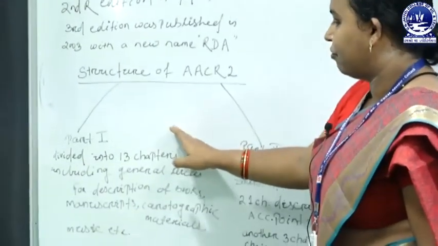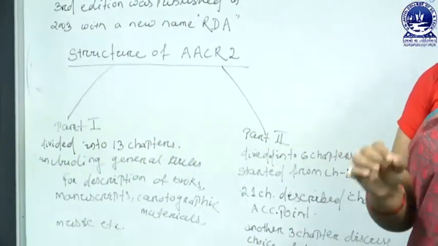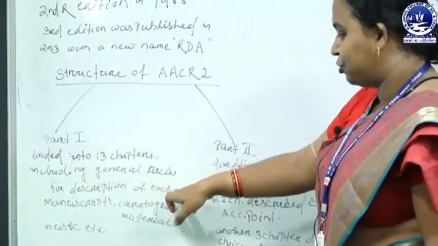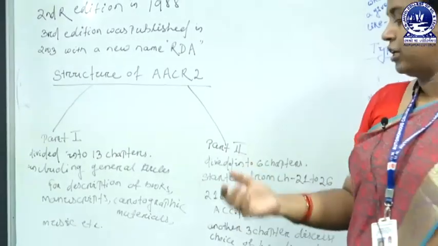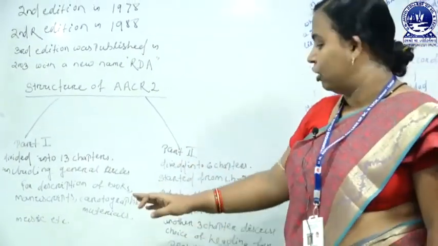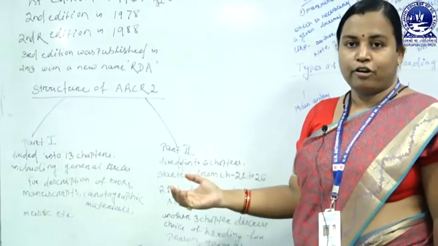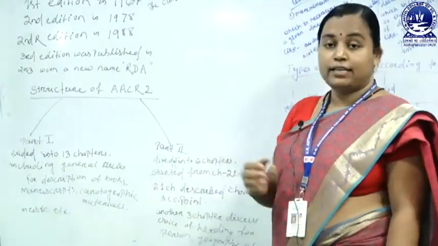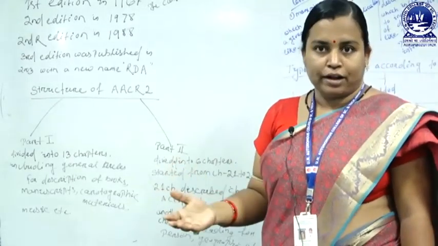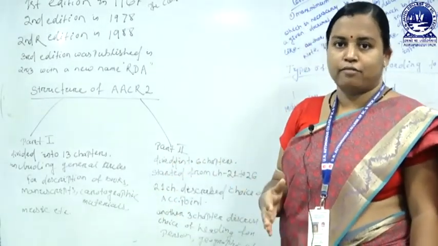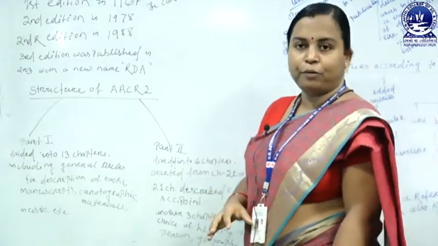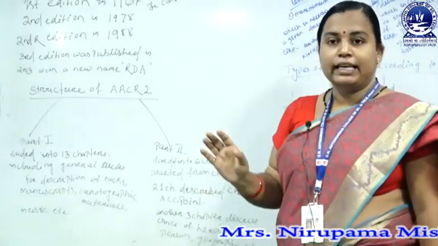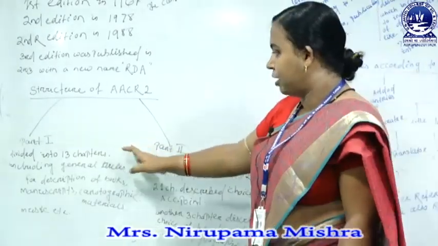Part 1 defines 13 chapters, including the general rules for the description of any manuscript, book, or journal, and how to prepare catalogs of cartographic materials, including maps, atlases, globes, music, serials, and other non-book materials available in the library. It explains how to prepare the library catalog and what the basic rules are. These are defined in detail and very clearly in part 1.